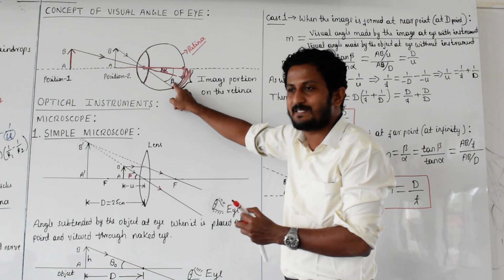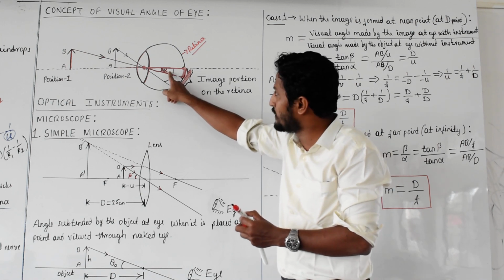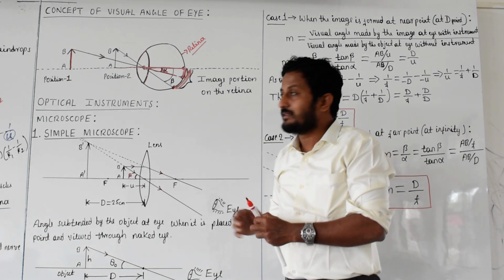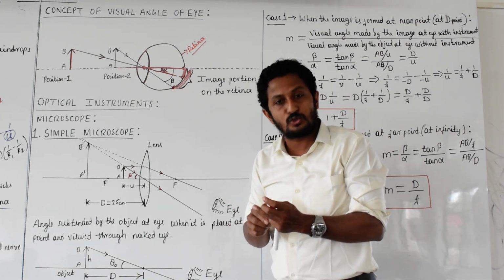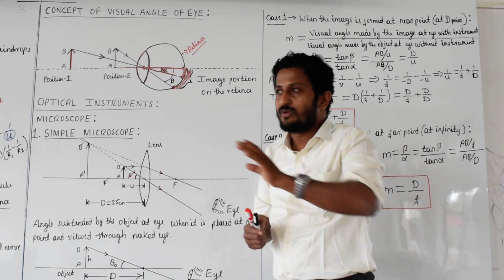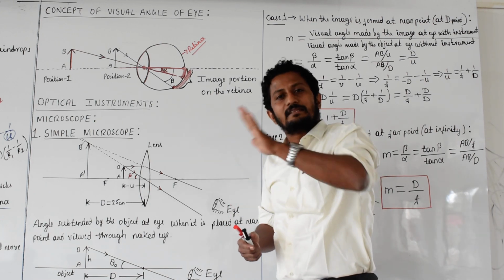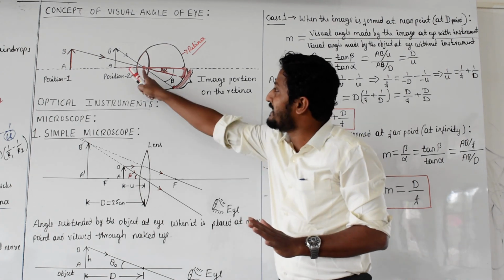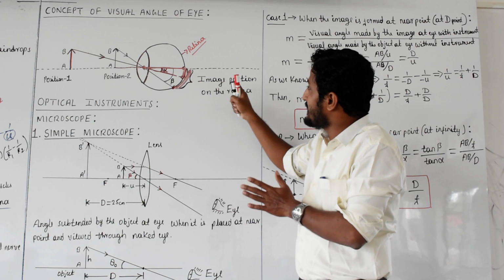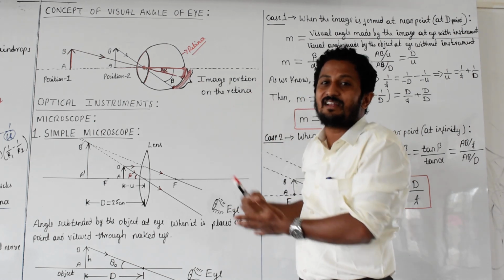Now this I name as beta. Previously it was alpha, now I name it as beta. This we call the visual angle. Have you understood what I mean to say? Visual angle is the angle subtended at the eye lens by the image portion on the retina.